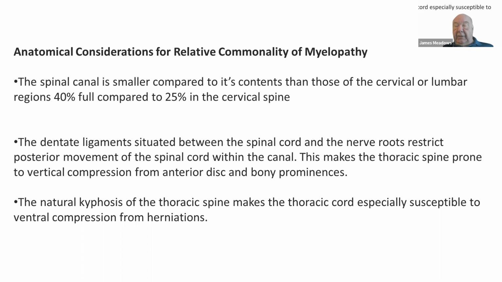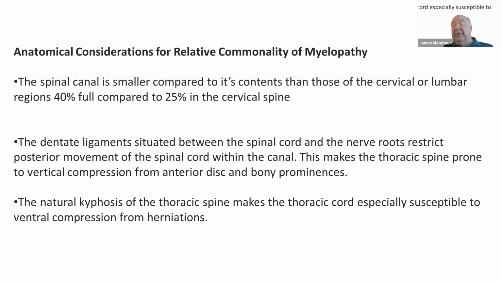There are ligaments, dentate ligaments, that hold the spinal cord in place. And they're positioned such that the cord really can't move backwards in the spinal canal. So it means that anything encroaching on the spine from anteriorly can't be accommodated well, because again, the dentate ligaments hold it in place.